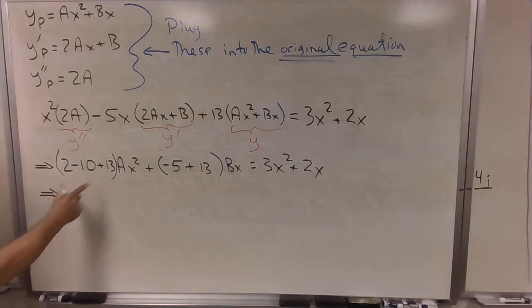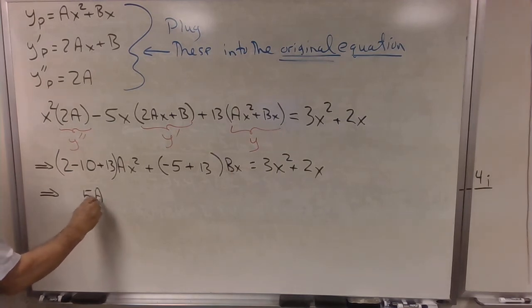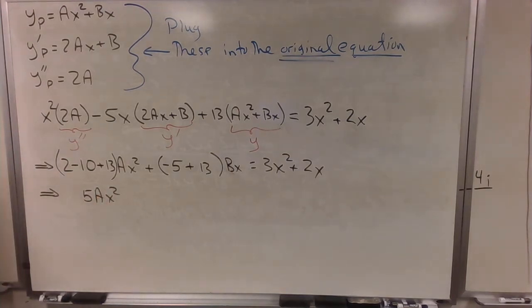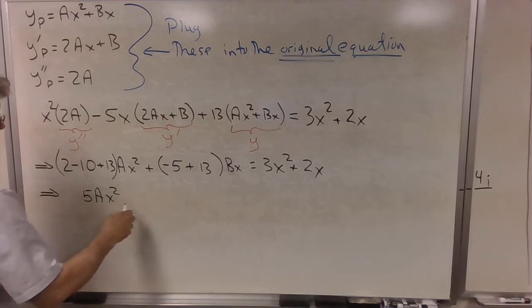And simplifying, this is 15 minus 10 is 5. And this is 13 minus 5 is 8.